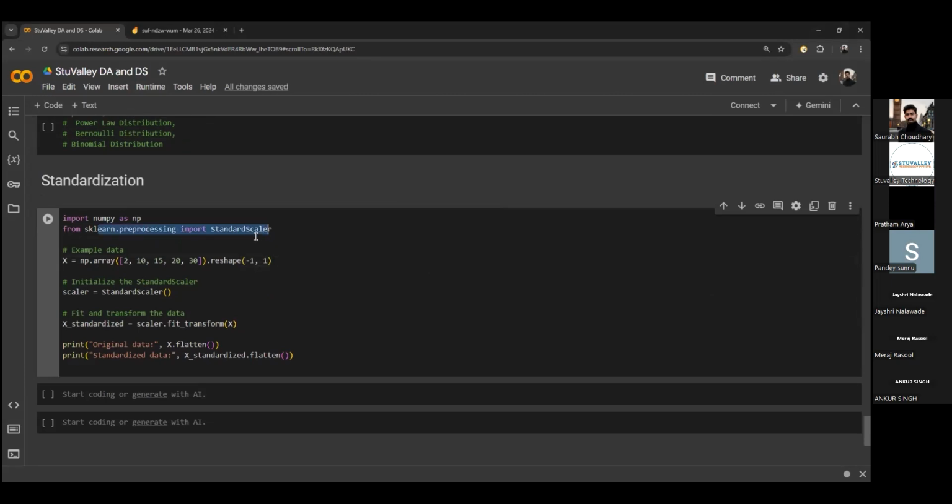So first of all, import it, and then you have some data, reshape it. Why do we reshape it? So that it is visible like a column. Let me show you. Let me print the X. You will see here.